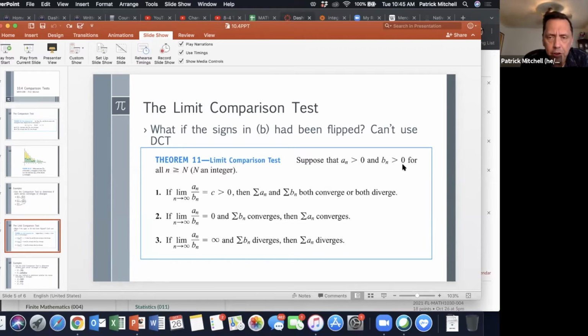And so if b sub n converges, then it stands to reason that a sub n will also converge. And the flip side of that, number 3: if the limit as n increases without bound of a sub n over b sub n is equal to infinity, and the series b sub n diverges, then the series a sub n also has to diverge. So the idea there is that the series a sub n is growing much, much more quickly than b sub n, and we know that the series b sub n diverges. But again, I will mostly use number 1.